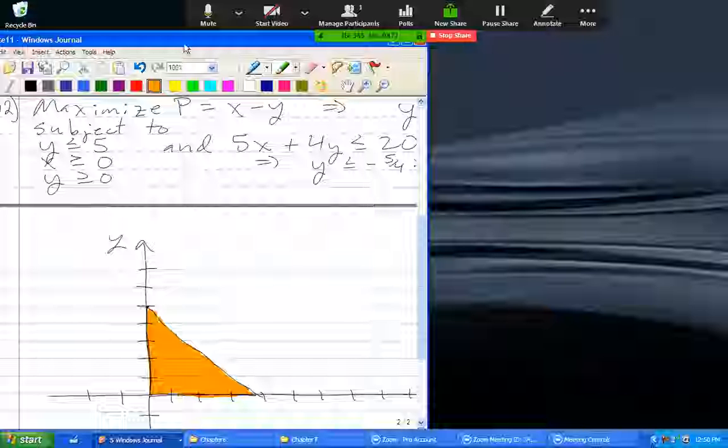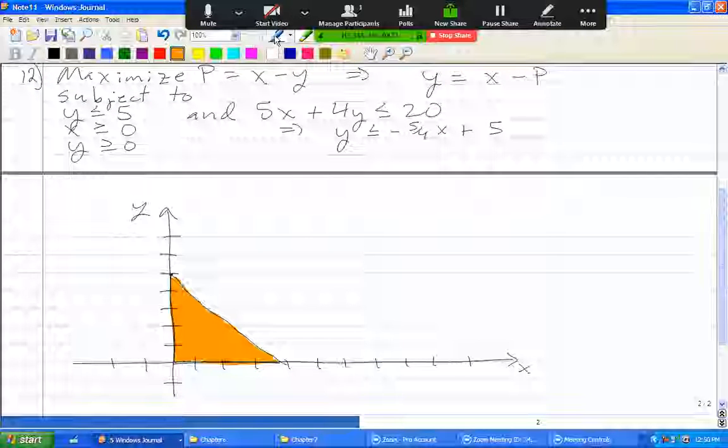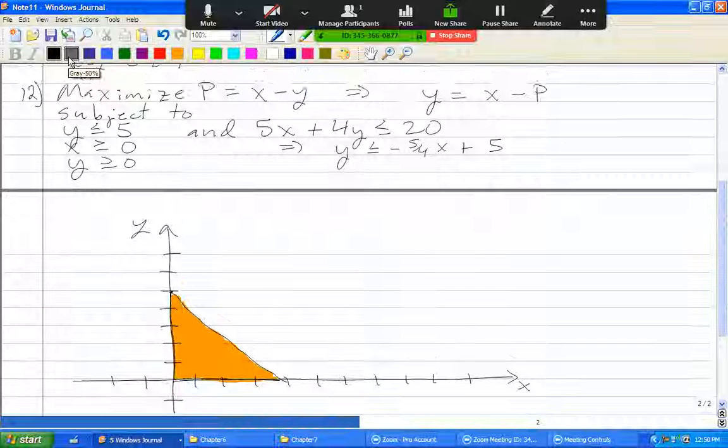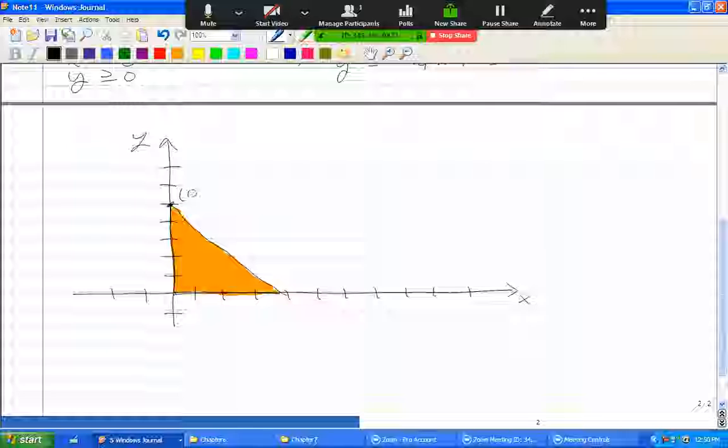Okay, so the vertices are at 0, 5, 4, 0, and 0, 0.